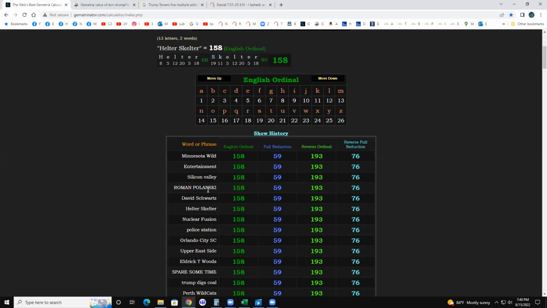But anyway, I wanted to show you that Roman Polanski is in all 4 base ciphers of Helter Skelter. And they wrote Helter Skelter on the wall when they allegedly killed his pregnant wife, Sharon Tate. So, yeah.